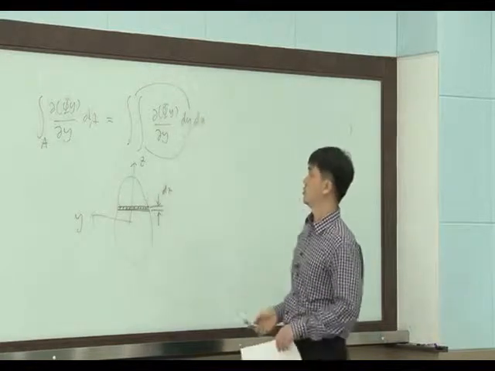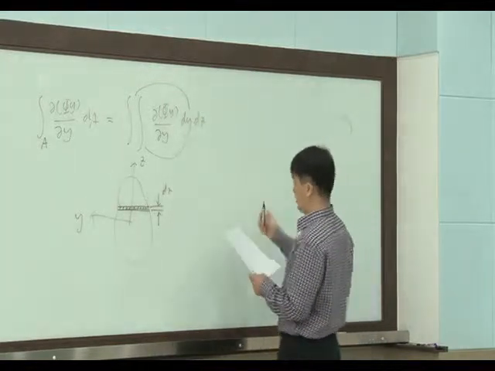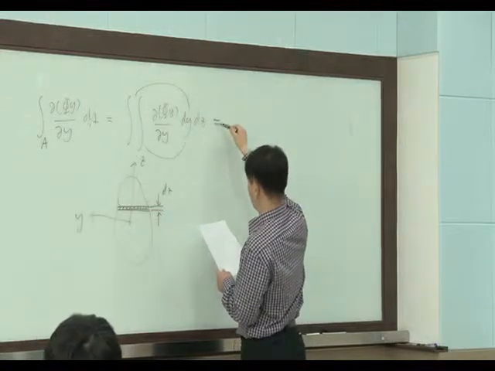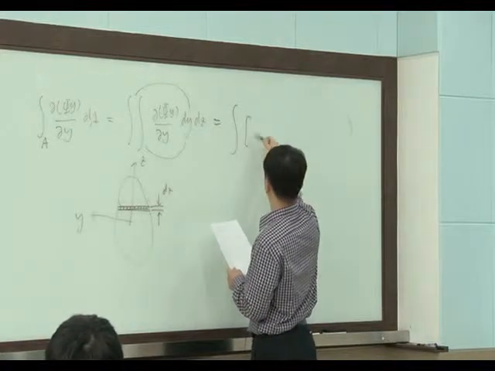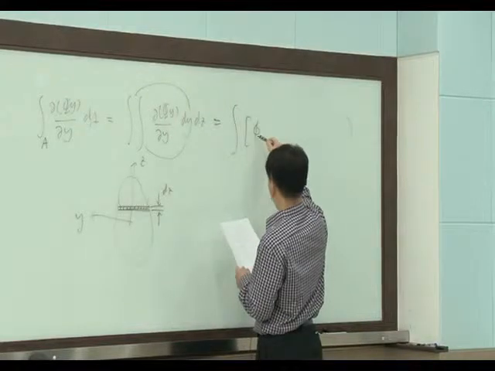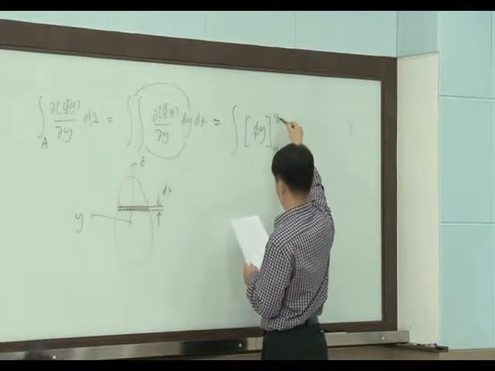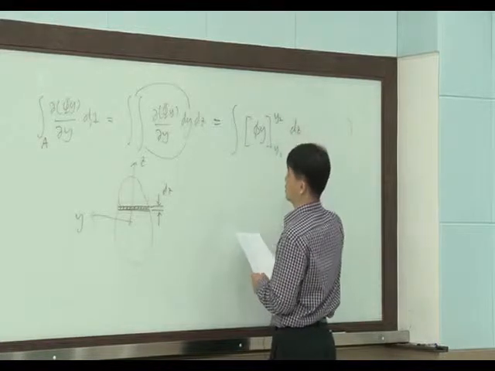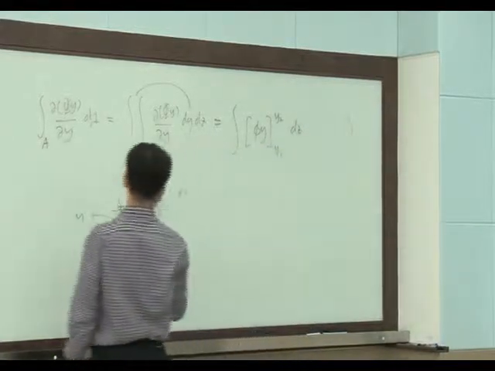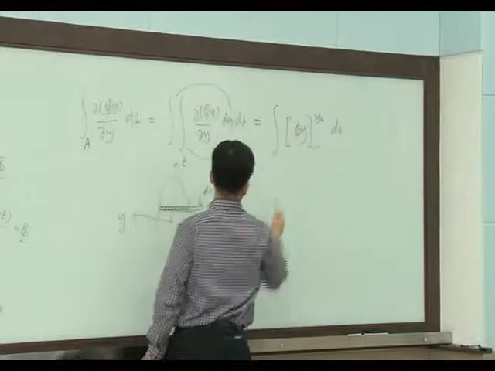So then this equation becomes phi y from y1 to y2 dz.